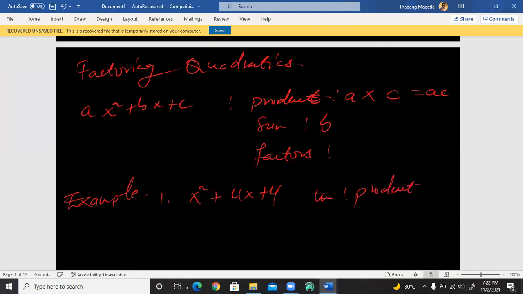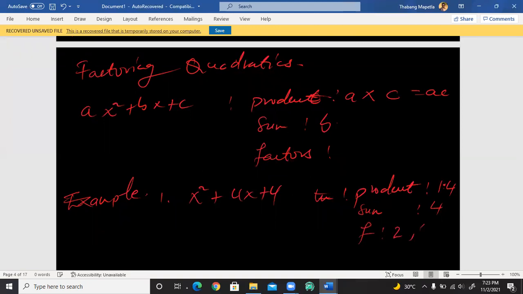What is the product? Product, it's going to be 1 times 4. Remember, a point is considered multiplication. So it's a 4, right? And then the sum, it's a 4. We are looking for factors of 4 which, when we add, give you 4. What are those? 2 and 2, positive, right?